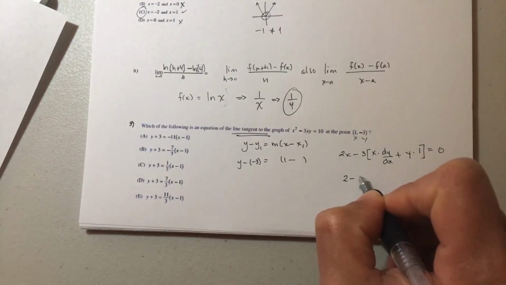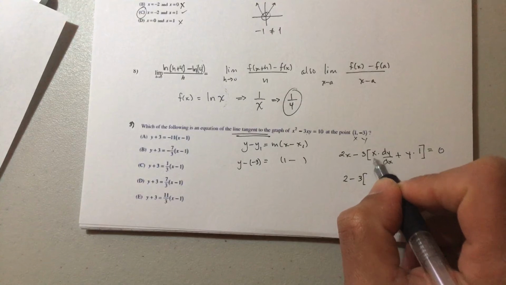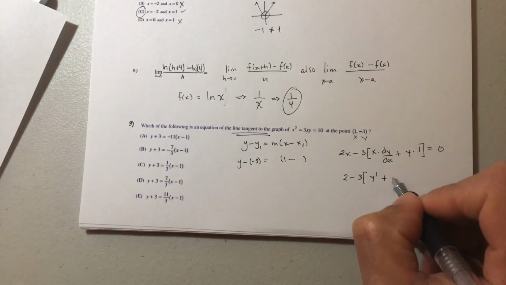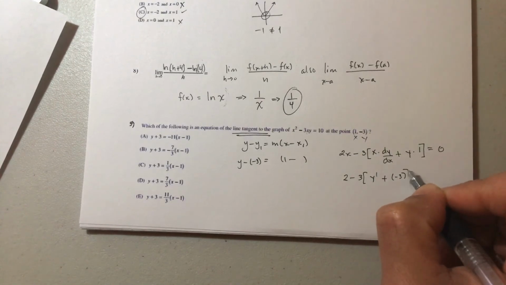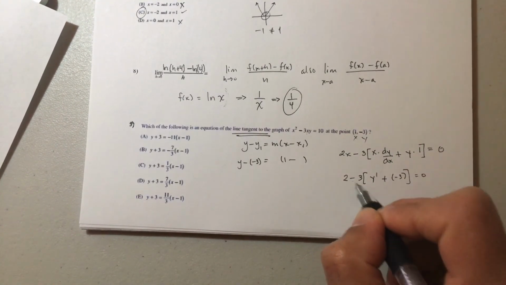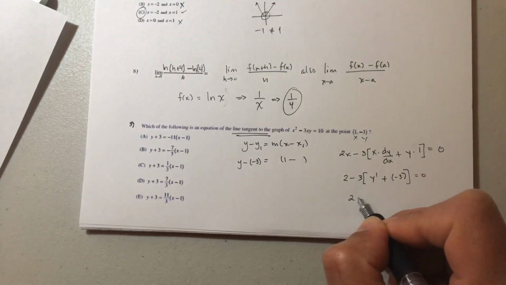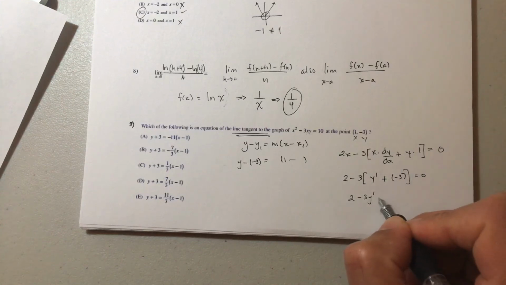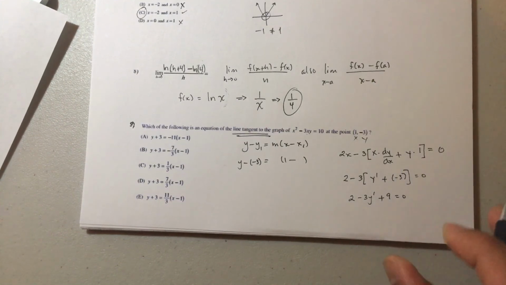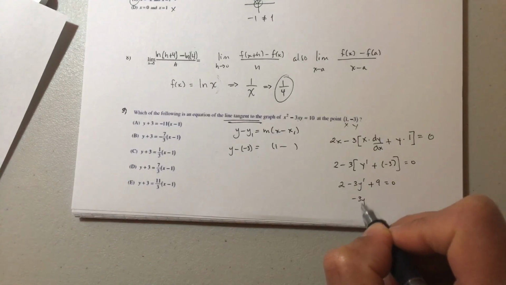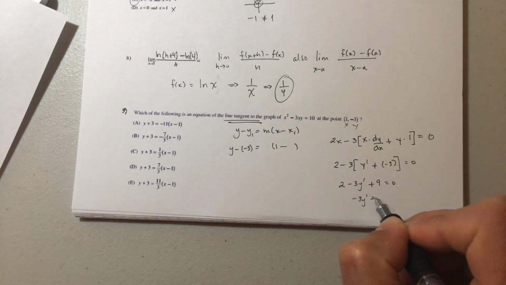So 2 minus 3y prime. -3 times -3, that becomes a +9. So now I get 2 plus 9 is 11, so -3y prime plus 11 equals 0. So y prime is equal to -11 over -3, which is 11/3. That's my slope. That's my slope, okay?